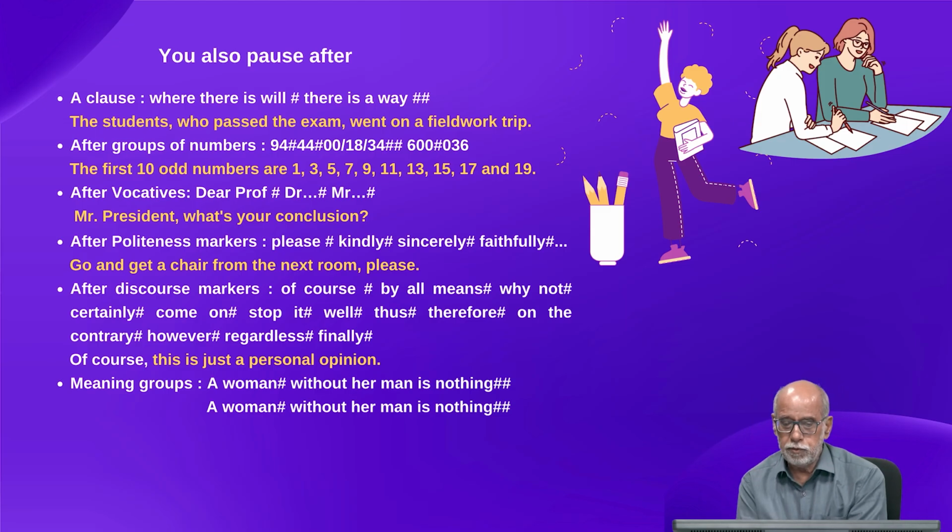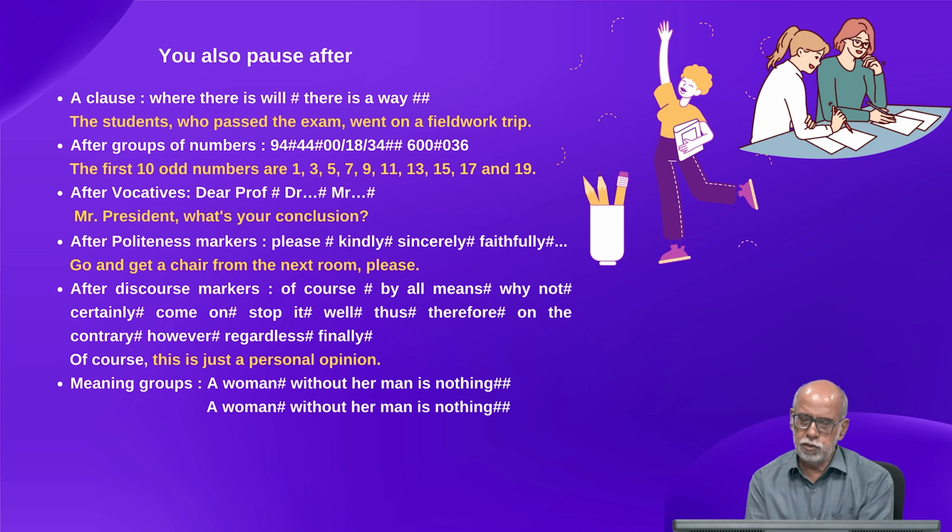Then, after groups of numbers, you have telephone numbers, postal code numbers, your own social ID card number, etc. And you speak those numbers also in groups. It's not ideally good to say that my telephone number is 944400183.